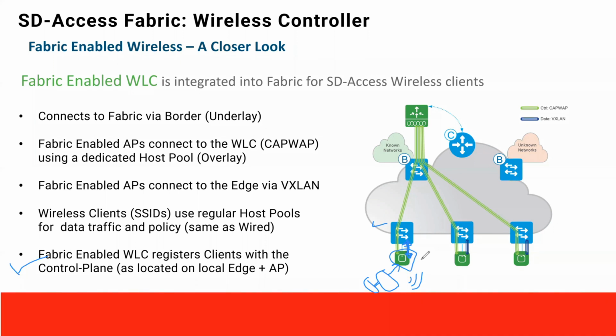So it will look like data traffic is coming from here. Don't think much about the wireless part. Just think that when anything connects on this access point, the same thing will happen as it would for a wired client. The same traffic flow happens. Okay, got it.